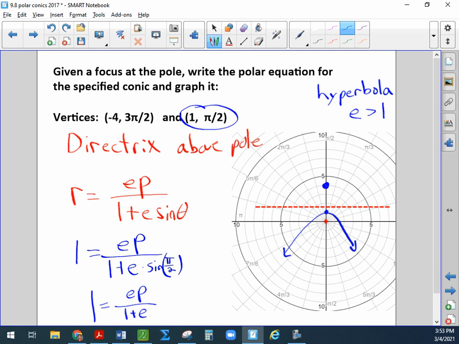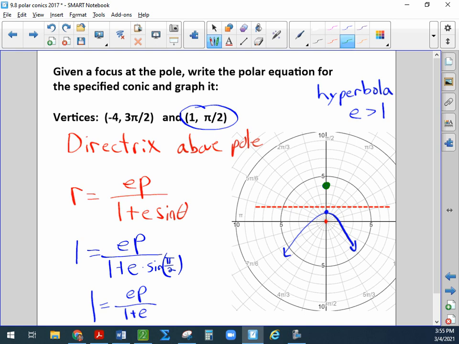Now I could come up with another equation, plugging in -4, 3 pi over 2. Maybe I have to use a system of equations to get it. I was pausing there because I was thinking about different methods. One of them is to plug in both vertices. We just plugged in one vertex, and we have 1 equals ep over 1 plus e. Well, what if we plug in the other vertex and see what we get? And color this one green so we can see the equation that goes with it.